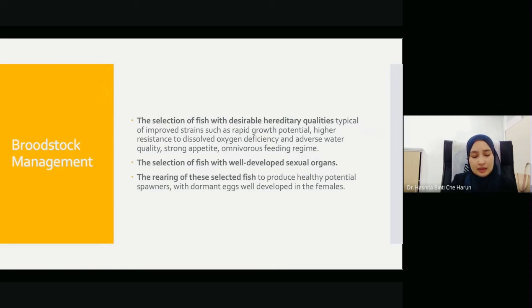And another thing is people always use scale of the fish to determine age of the fish as well. And the last one is how you raise, the culture system that you use to raise the fish so that you could produce healthy potential spawners that have dormant egg well developed in the females.